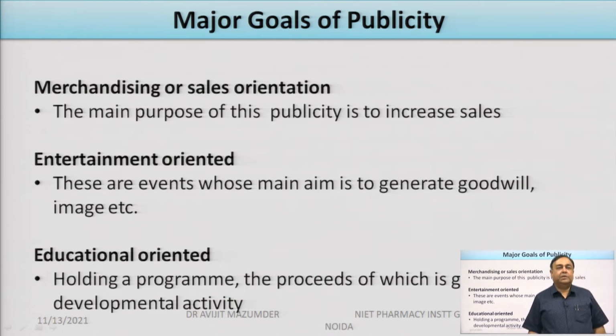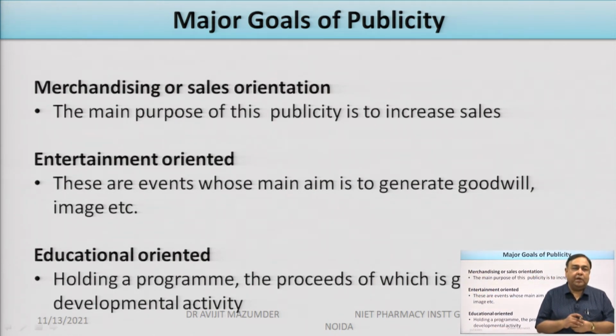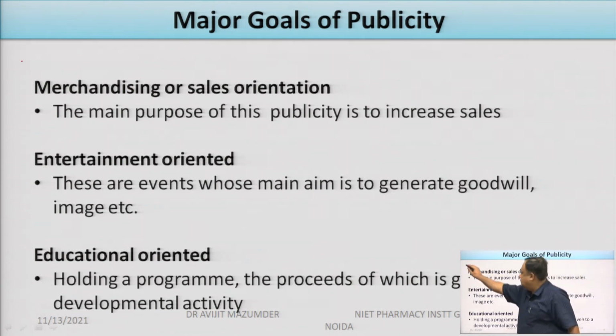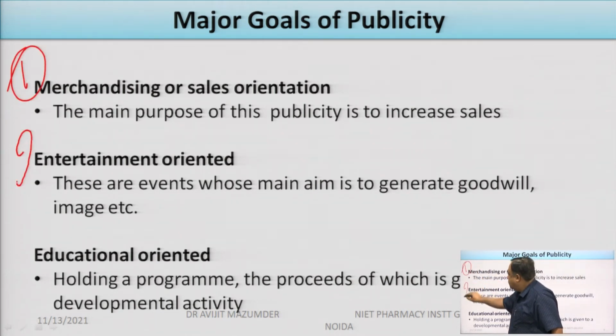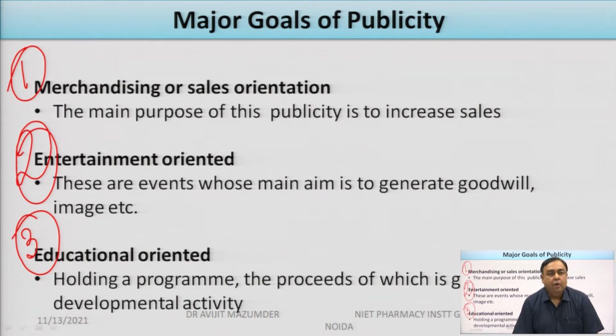These are events whose main objective is to generate goodwill, a good reputation, a good image amongst the mass. And third one is educational. So, one merchandising, two entertaining, and three educational. What is educational orientation?